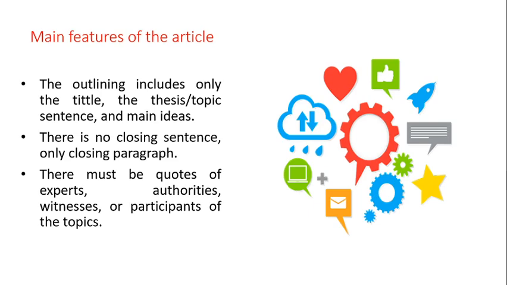There is no closing sentence, only a closing paragraph that does what we mentioned before. And it is necessary to have 100% quotes of experts, authorities, witnesses, or participants of the topics that we have mentioned. That's why it's necessary to do research in order to write an article.